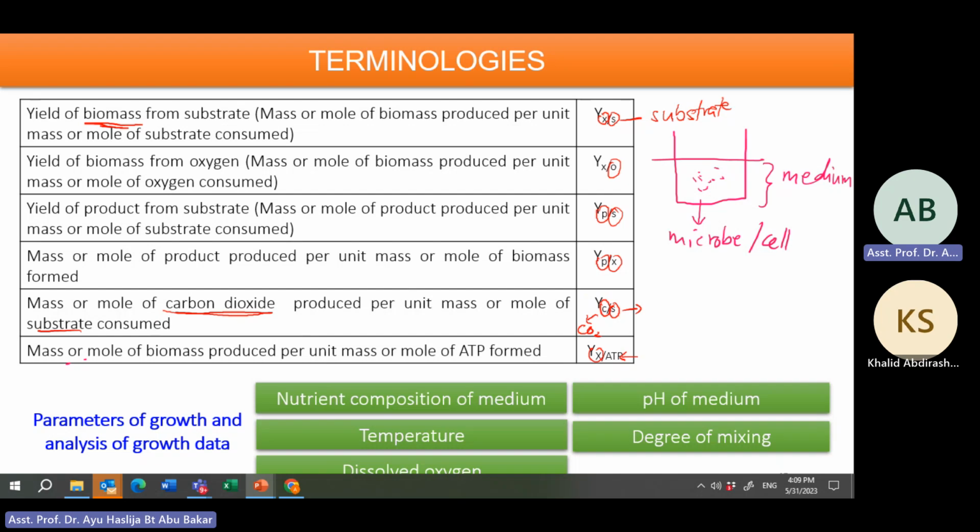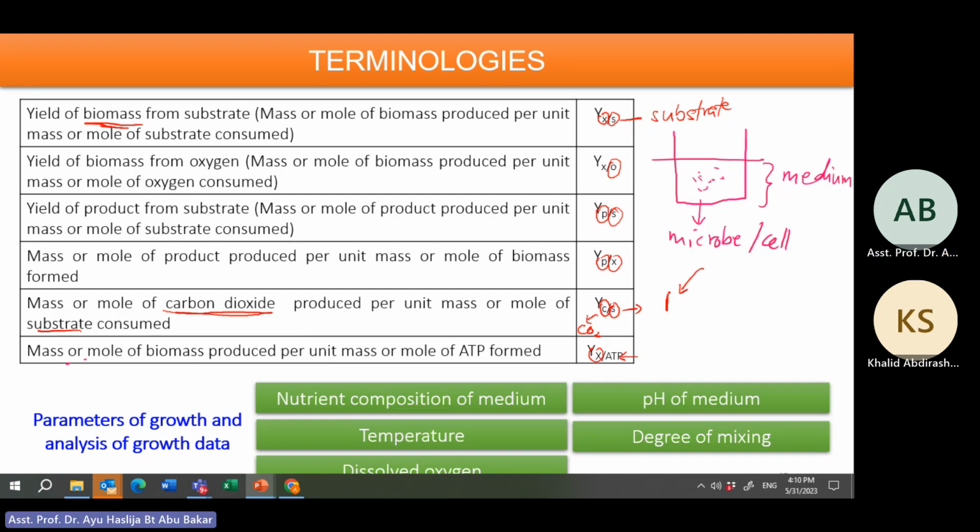Why do you need to take care of the microbe? To avoid the bad impact. Temperature is one of the parameters that you need to monitor.